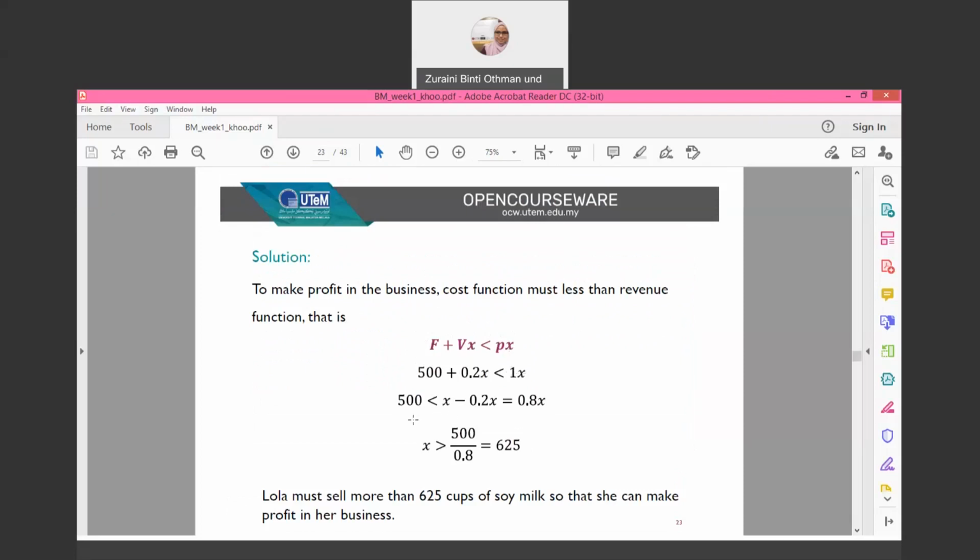Okay, so here rearrange this equation until we get our x here. x is greater than 500 divided by 0.8, we will get 625. Okay, Lola must sell more than 625 cups of soy milk, so then she can make profit in her business.